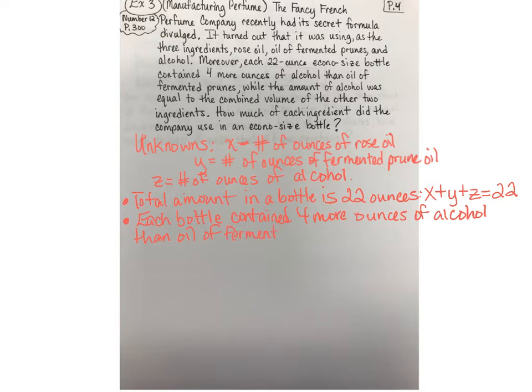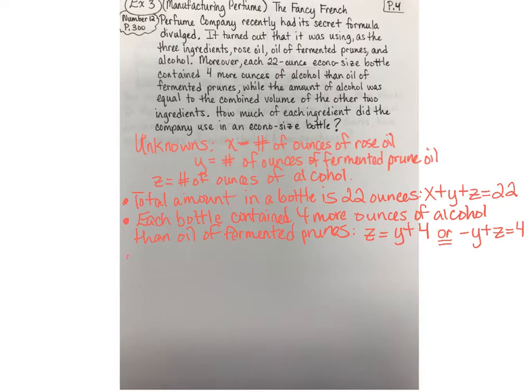So equation-wise, what this means is that z is equal to y plus 4, or if we're putting all the variables on one side, that means that negative y plus z is equal to 4.